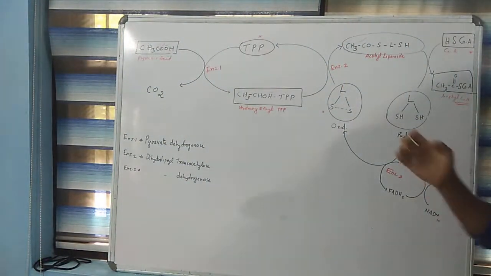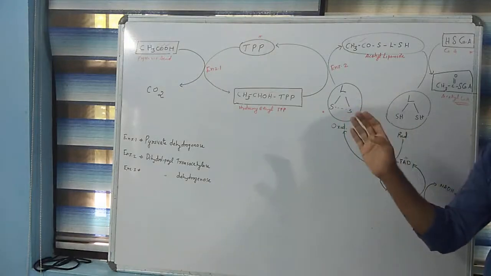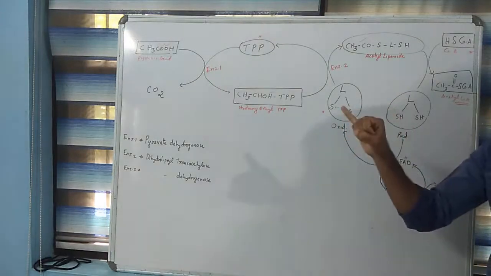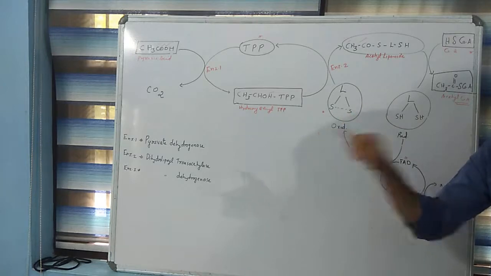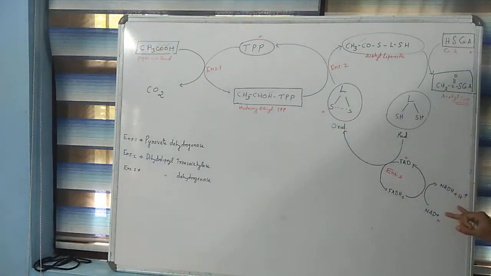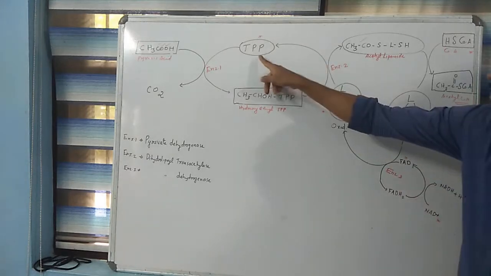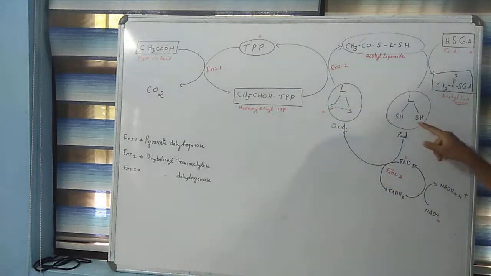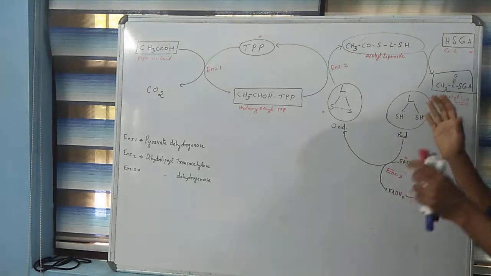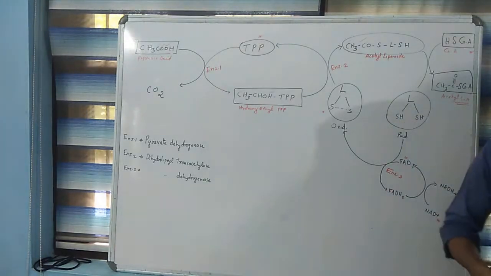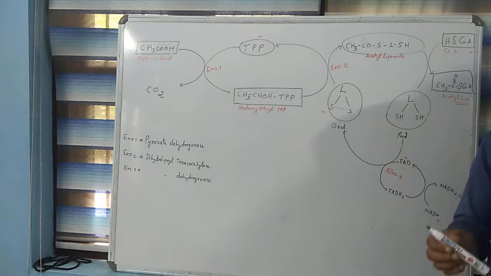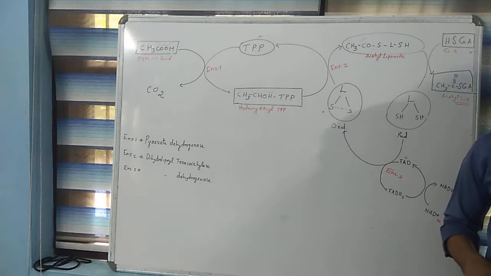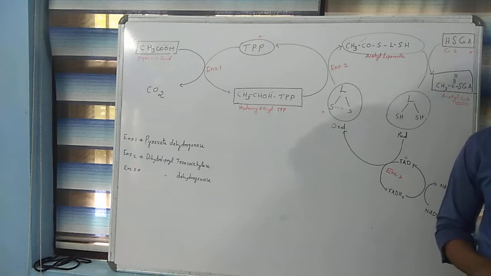So the main products of this Link reaction are the release of 2 carbon dioxide molecules and the formation of 2 NADH2. Thiamine pyrophosphate will be released, and lipoamide will also be released. So these are all the things related with the Link reaction, which takes place inside the mitochondrial matrix.